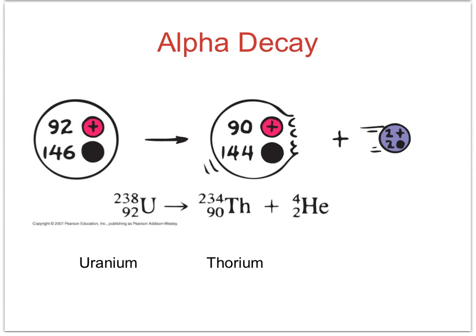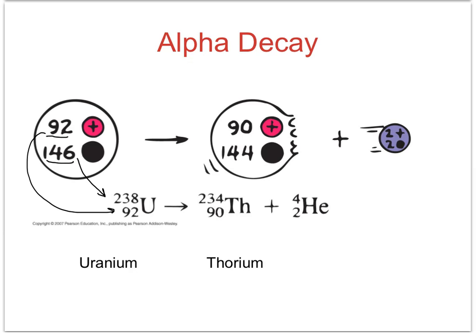In this diagram, you can see the same example. Notice that now we're focusing in on the proton and the neutron numbers within the nucleus. 146 and 92 does total up to 238 as the mass number, and of course the number of protons is 92.